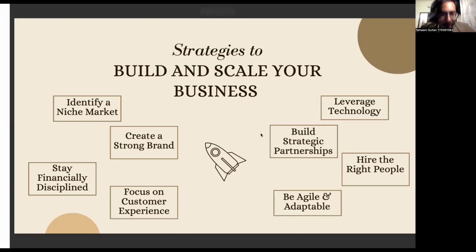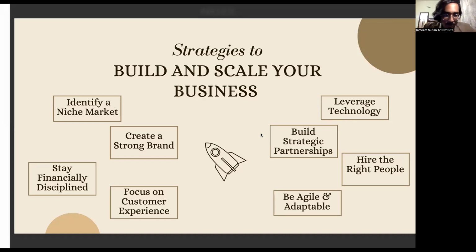Then comes being agile and adaptable. The business environment is constantly changing, so it's important to be flexible and adaptable to new changes and opportunities. Be willing to pivot your strategy when necessary to stay relevant to the competitors. Then hire the right people. Hire talented and motivated individuals who share your vision and can help you execute your business plan.